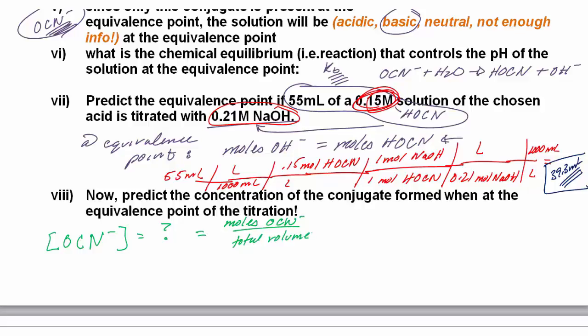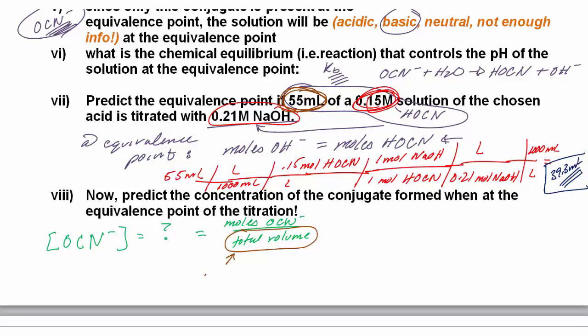Well, it's going to be a two-part problem. The total volume will probably be the easy one because we already did most of the work. We know that we started out with 55 mils of our conjugate acid.